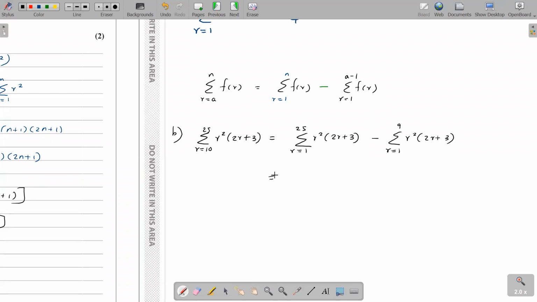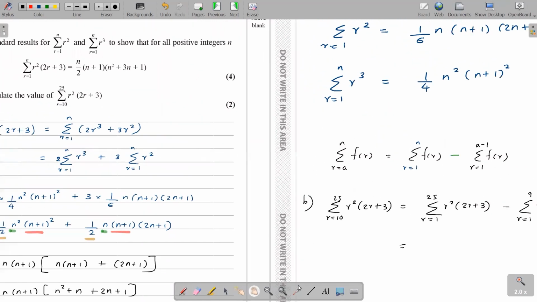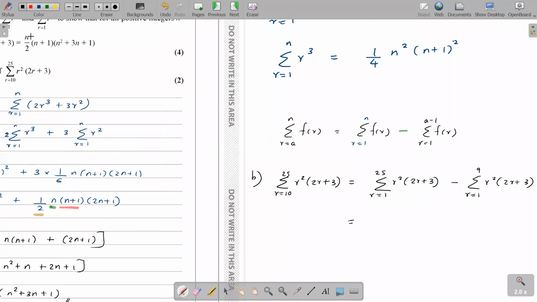So now we can immediately input our result because we have the summation of r squared 2r plus 3 from 1 to n. Replace the first one, n with 25. Tell me, how does it work? Replace the n's with 25 here. Yes? 25 over 2, 25 plus 1, that is 26 into 25 squared plus 3 times 25 plus 1.